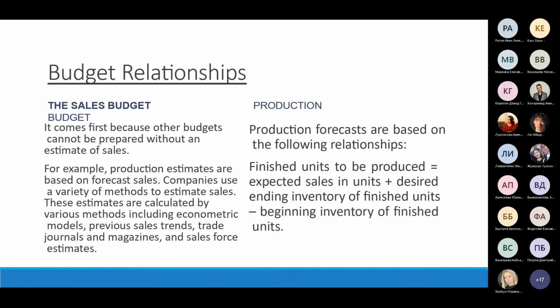When you have done this, you make the production forecast, so you are looking for your inventory and decide how many units you need to produce in order to fulfill the sales budget. This action is needed to avoid the situation when the demand is high, but you have no products at your warehouse to sell.